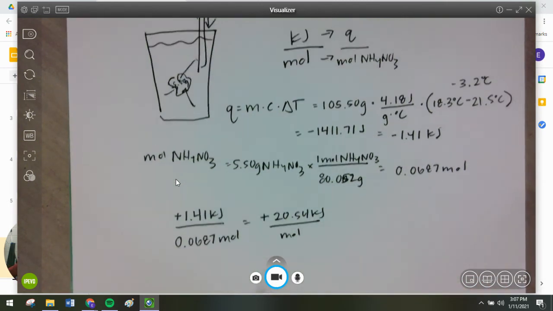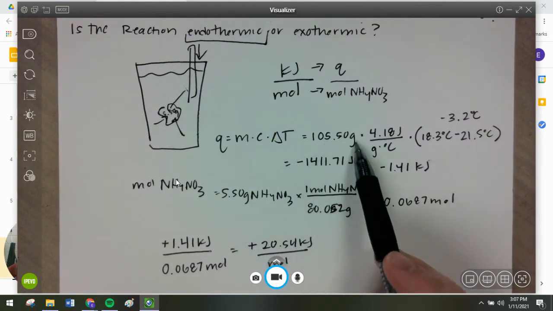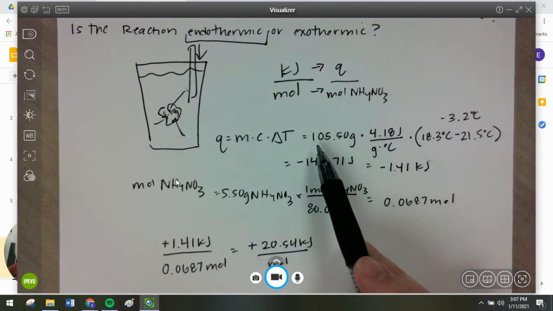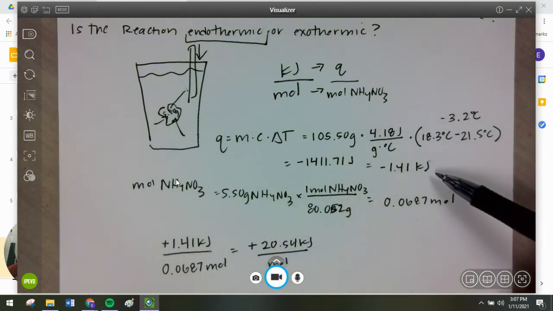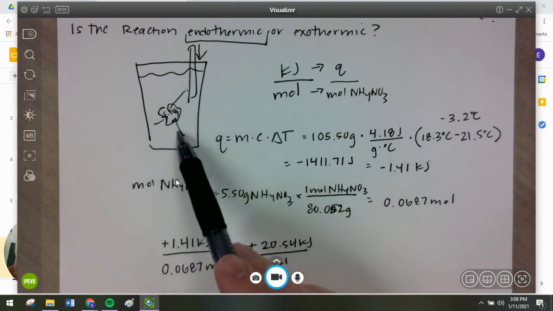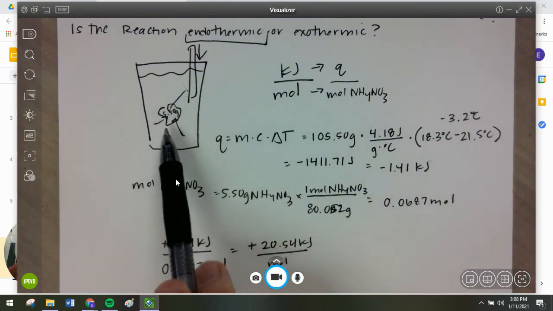Now, when you look at this problem here, if I would have a higher mass of chemical that's doing this reaction, let's say I had twice as much chemical, I would need twice as much heat in this process. So the heat that's coming from the water would be double, right? So if I had 11 grams, it would take 2.8 kilojoules to make that dissolve.